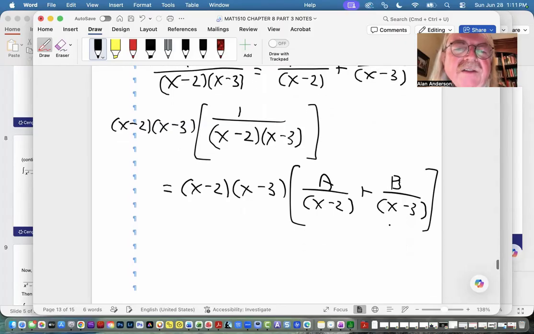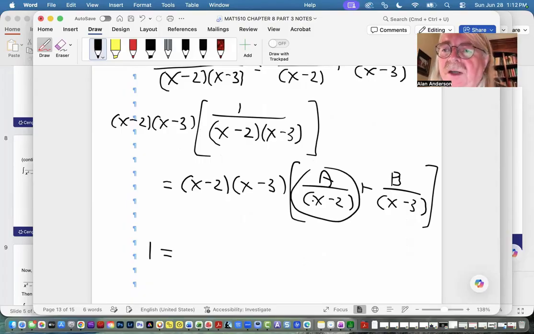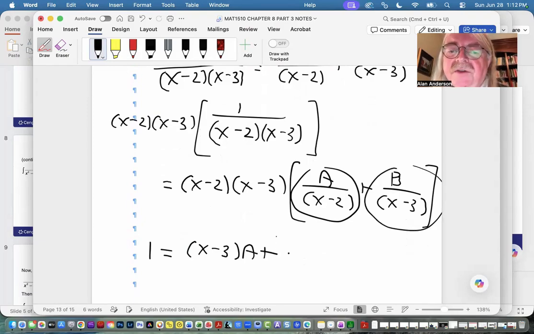Now, on the left-hand side, of course, that reduces to 1. Now, on the right-hand side, you can see that for this term, the x minus 2's will drop out, and we're left with x minus 3 times A. And then for the second term, it's the x minus 3 that drops out. Oh, so we're getting somewhere now.